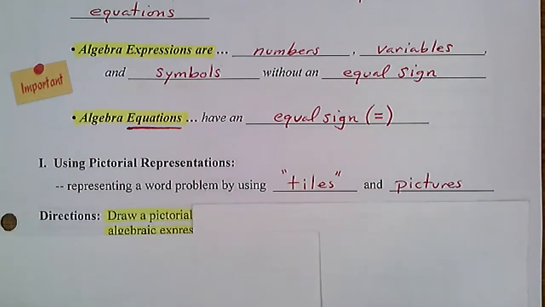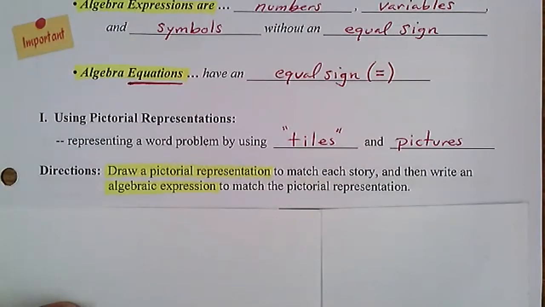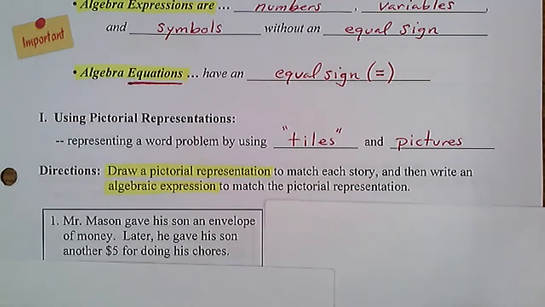Okay, so in this first section of your notes, we're going to draw a pictorial representation to match each story. And then after we draw the pictorial representation, then we want to write an algebraic expression to match the pictorial representation. Okay, so here we'll go through some problems together.